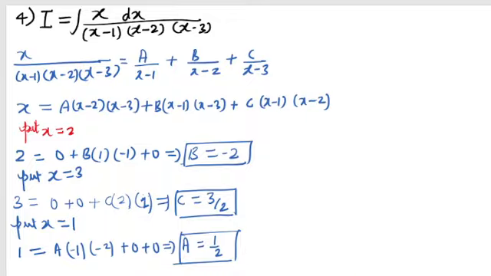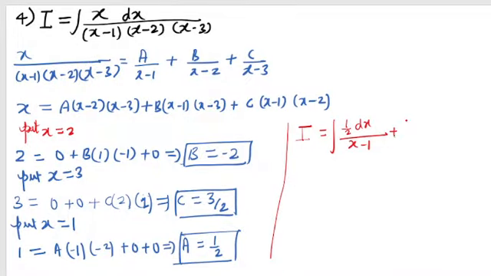So here I will write. Finally I is equal to the integral of a, that means 1 by 2, dx, divided by x minus 1, plus, separately, we are just taking integration in these equations on both sides.